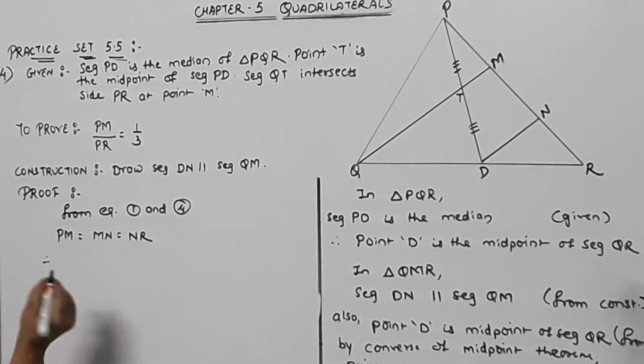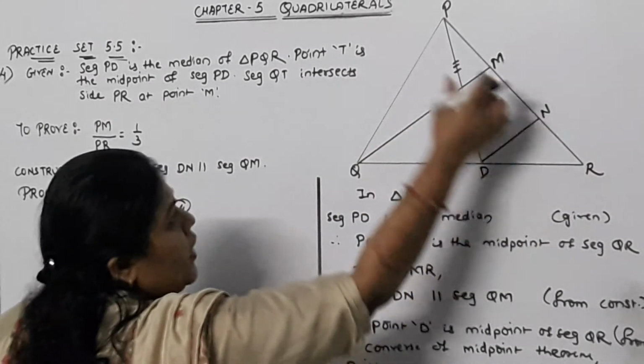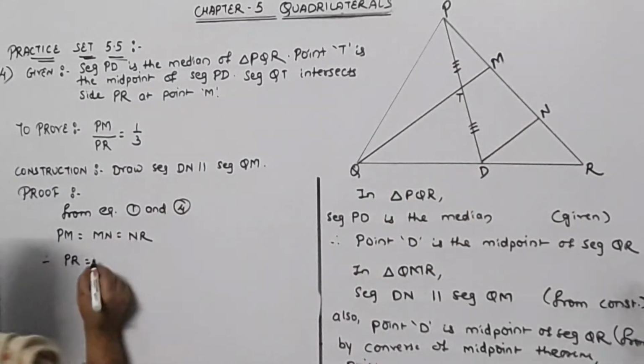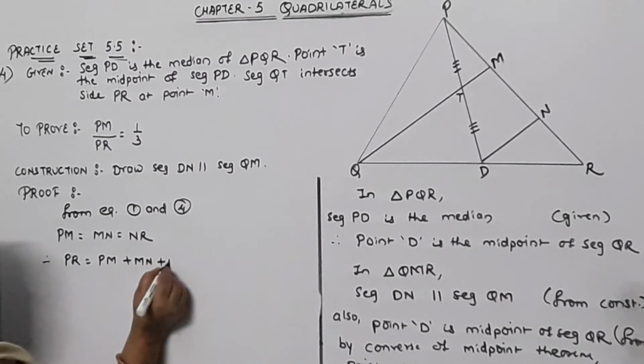Therefore, what we can say, the whole segment PR equals PM plus MN plus NR.